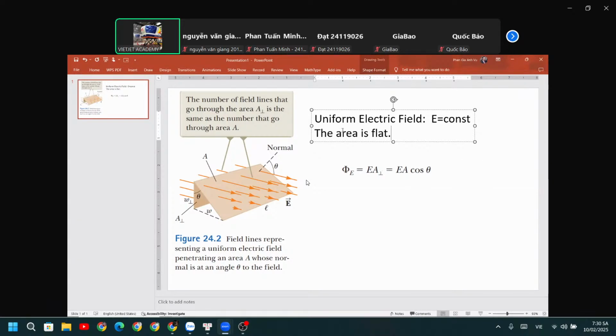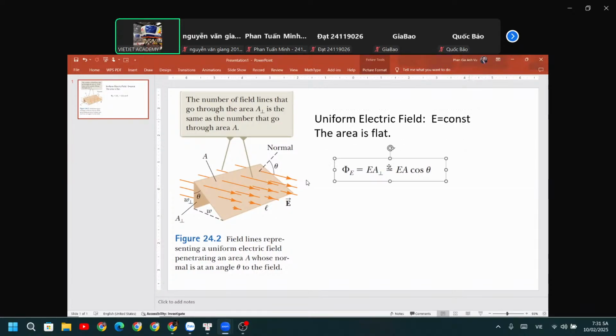When we have a uniform electric field and the area is flat, then you have the flux like this.